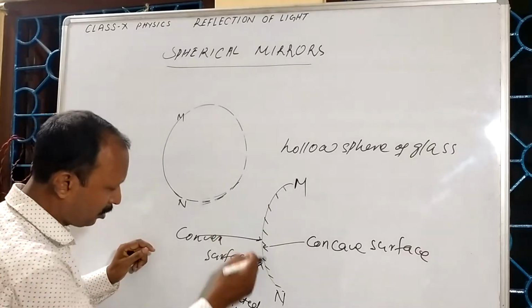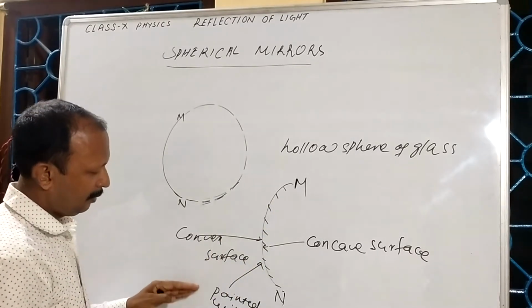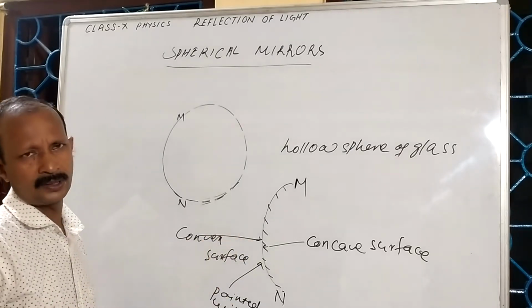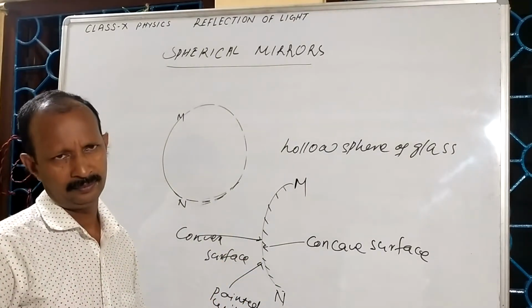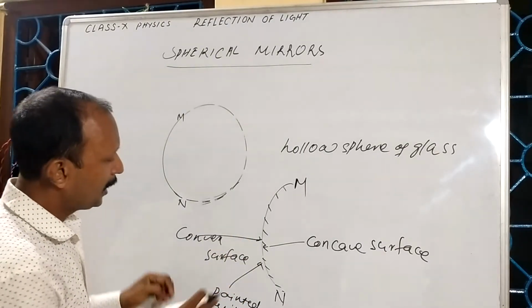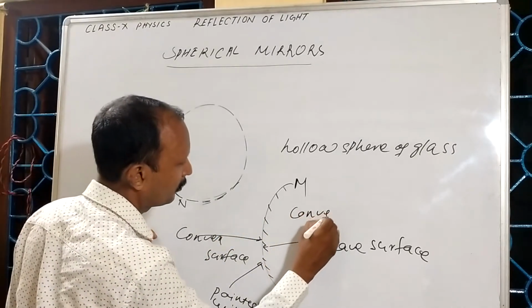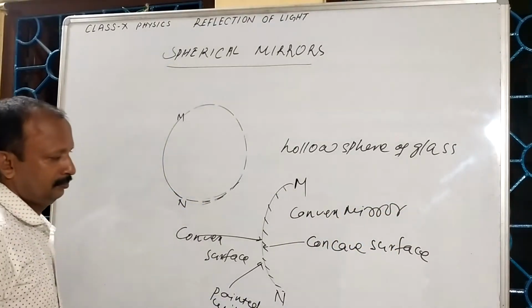That means the front side, the bulge-out surface, the convex surface, is the polished surface. It behaves like a mirror. So this mirror we say is a convex mirror.